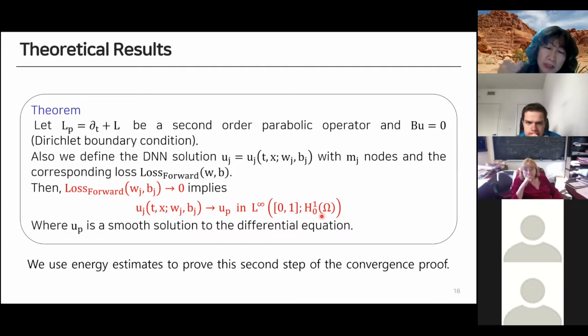In this second step, we use so-called energy estimates to prove the convergence. I didn't give details here, but pure analysts are very familiar with this energy estimate. With this tool, we can prove this convergence step.